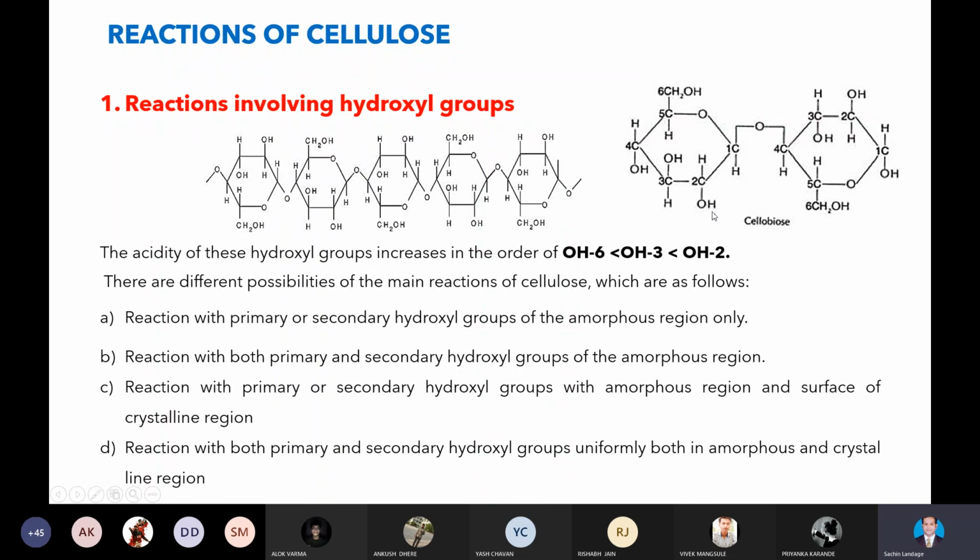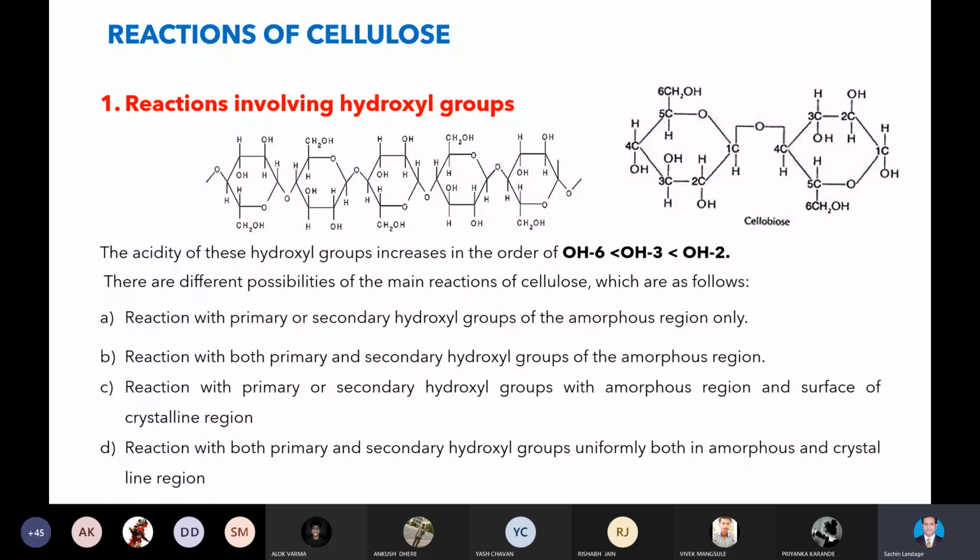So 3 hydroxyl groups are there in a glucose: one primary and 2 secondary. The reactivity order is more in the second position, then the third position, then the sixth position, meaning the acidity of these hydroxyl groups increases in this order.